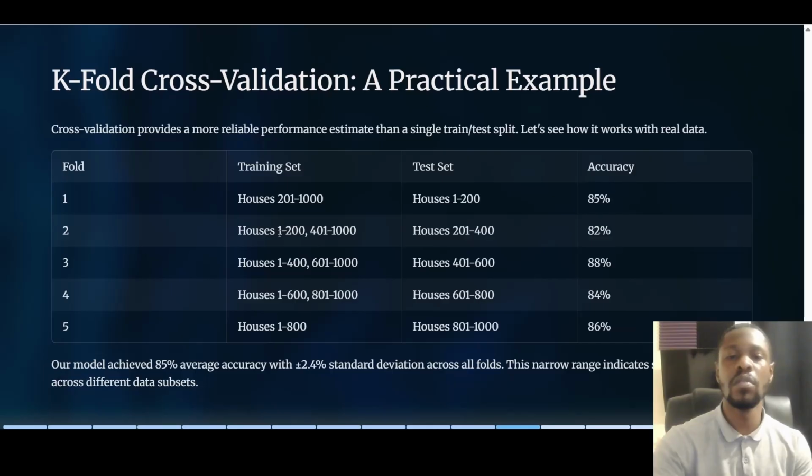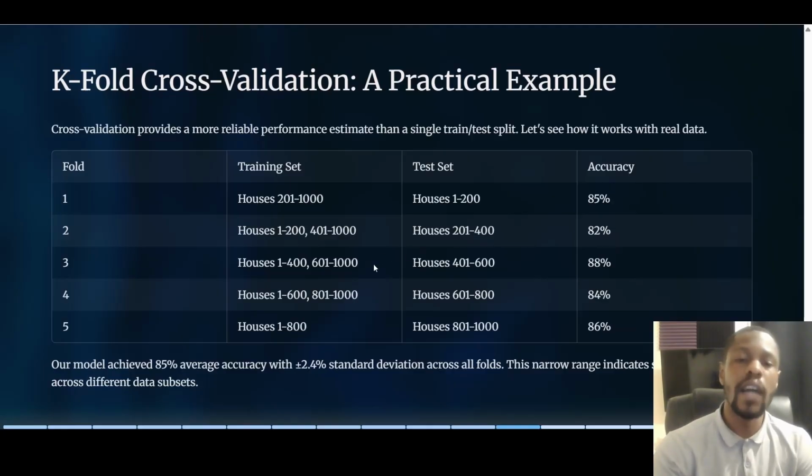So we do 1 to 200, miss out the test set of the previous iteration, and do 401 to 1000. Let's say now we've got an accuracy of 82%.